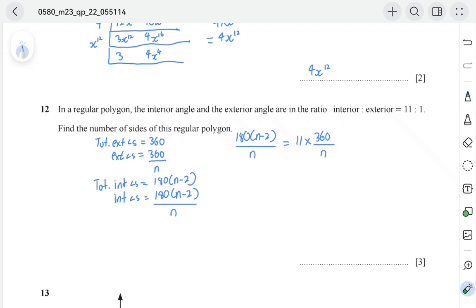We multiply by 11 because we know that only one exterior angle is the same as 11 of the interior angles. Therefore, we multiply this by 11, so that's 11 to 11 and therefore we can say that they equal one another. So, timesing both sides by n, you can get rid of the denominator.